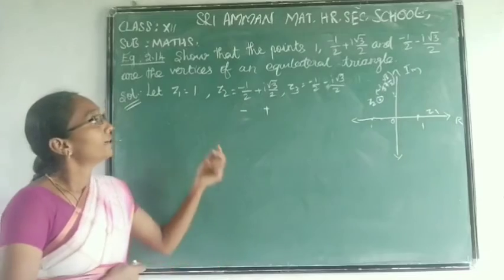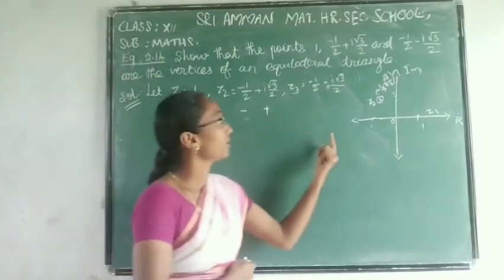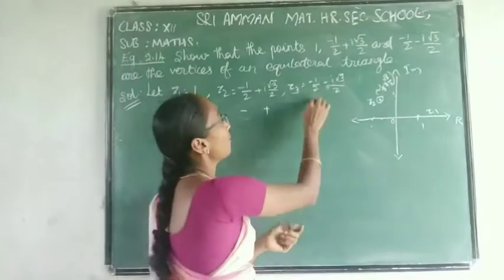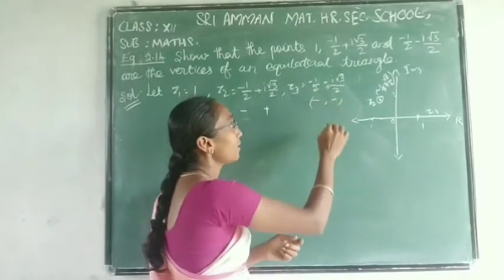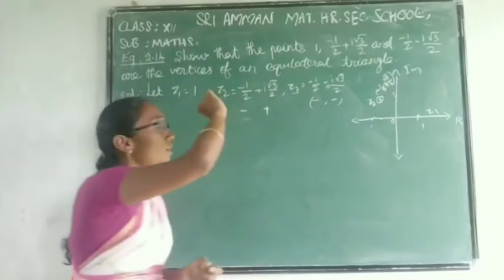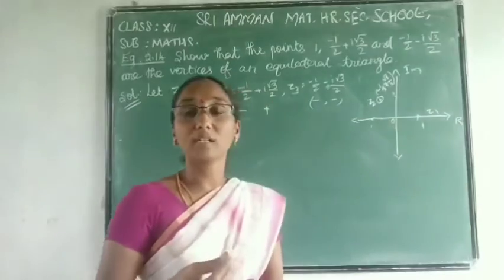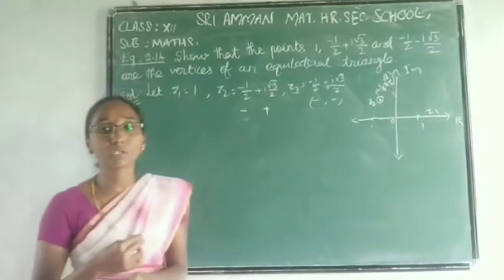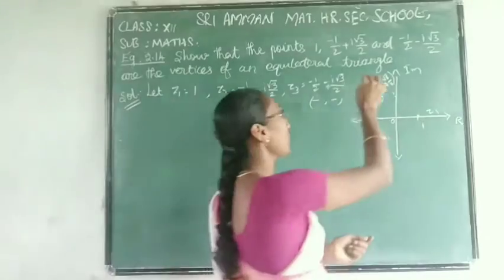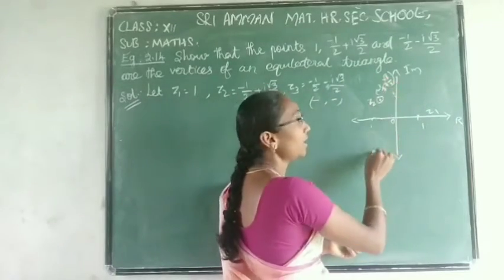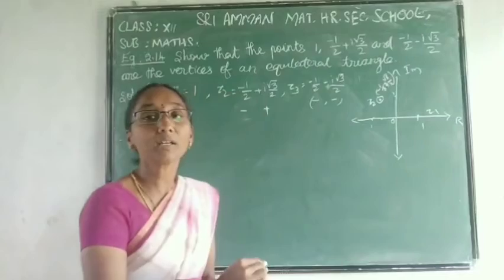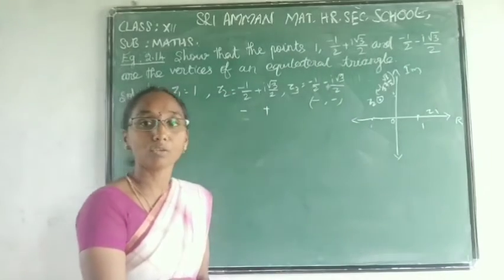Next, z3 is the conjugate of z2, and z2 is the conjugate of z3. So z2 lies in this place, which means z3 is straight opposite of z2.